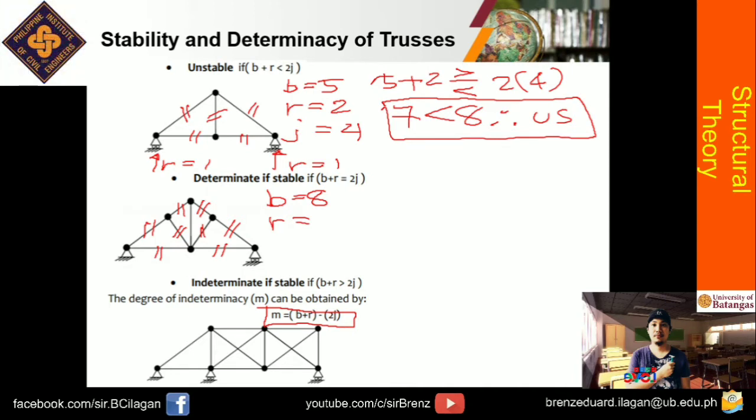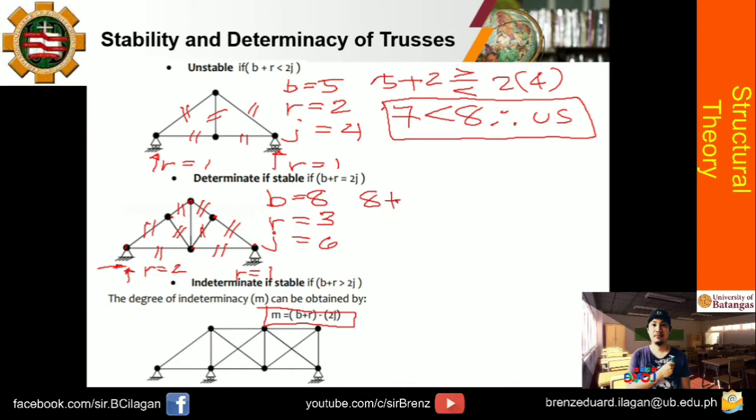So you have here a hinge support kung saan ang number of reaction niya is dalawa, isang horizontal at isang Y. So the R is equals to 2, and then do sa right side niya, the number of reaction is 1. So 2 plus 1, that will be 3, and the number of joint is equivalent to, so 1, 2, 3, 4, 5, 6. So we have 6. So B plus R, or 8 plus 3, so that is greater than, equal, or less than 2 times 6.